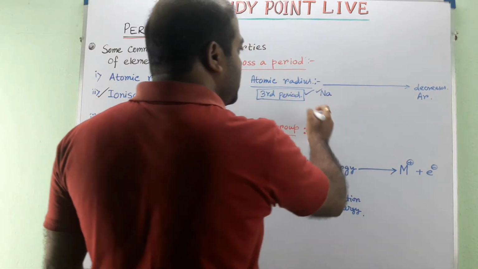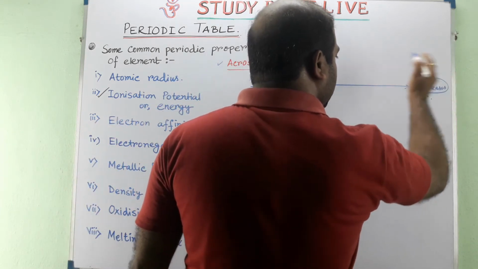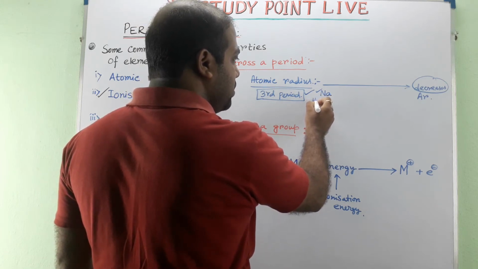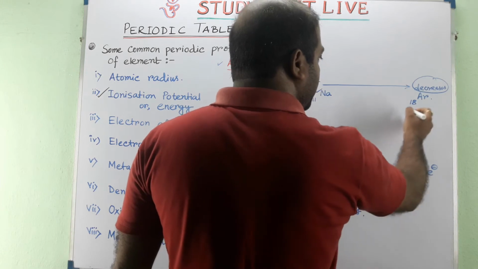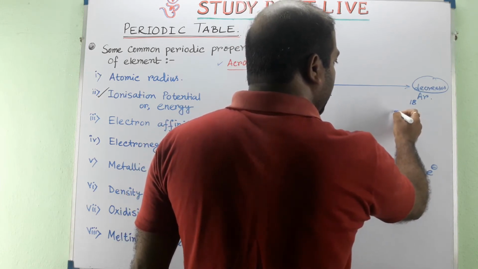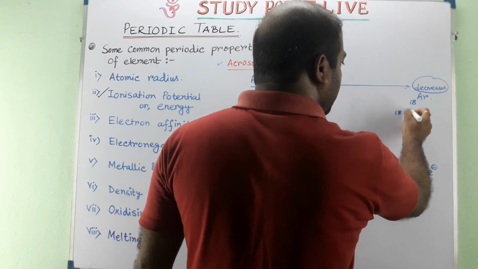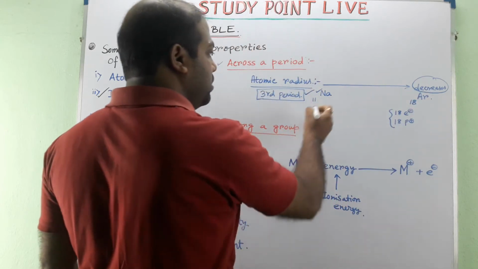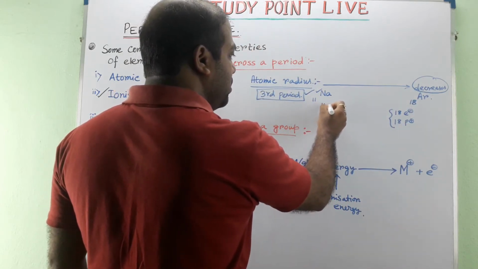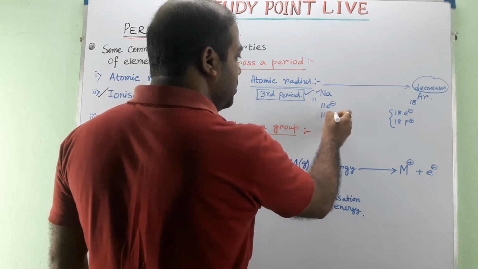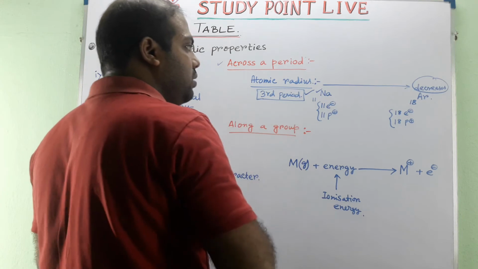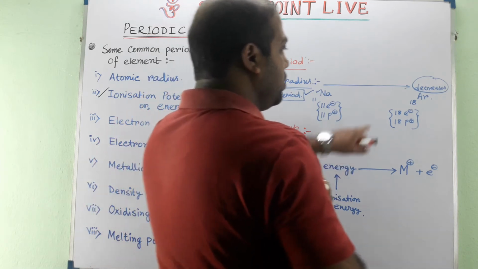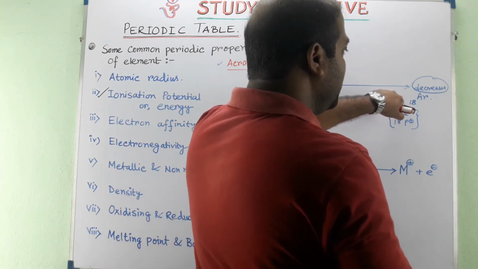Since the atomic radius decreases and the nuclear charge also increases, the attraction force between the electrons and protons is greater for argon than that of sodium, and that's why the minimum energy required to remove the electrons from argon is greater.